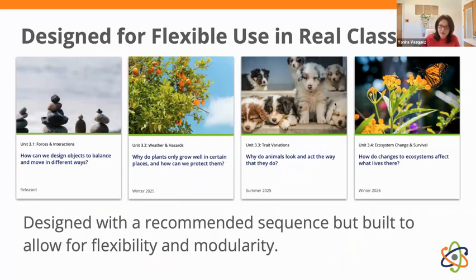For 3rd grade, we are going to have 4 units. All of our grades have 4 units per school year. And while we have a recommended sequence, these units are meant to be modular. So they can work with your school system, with your kids, with your schedule.